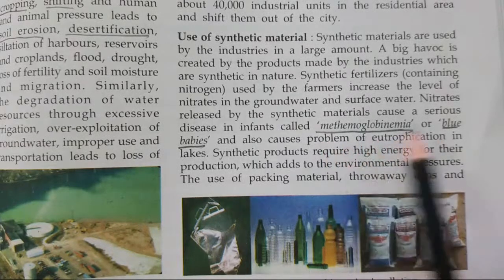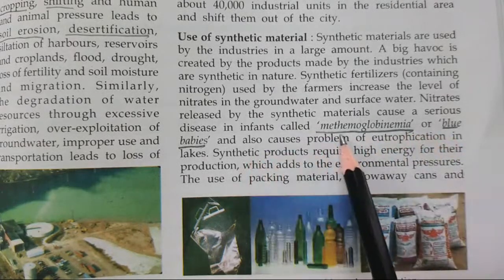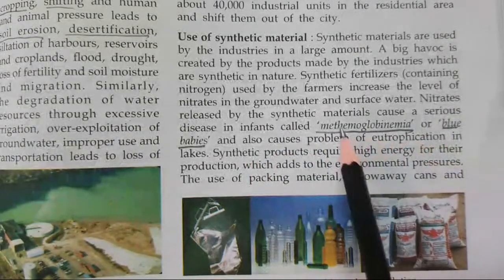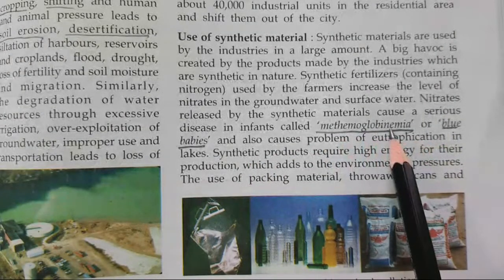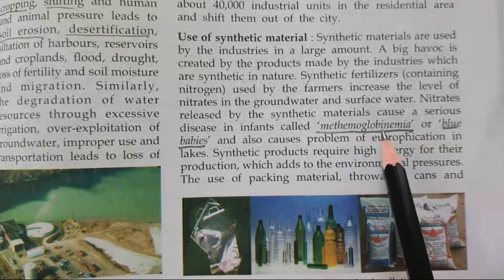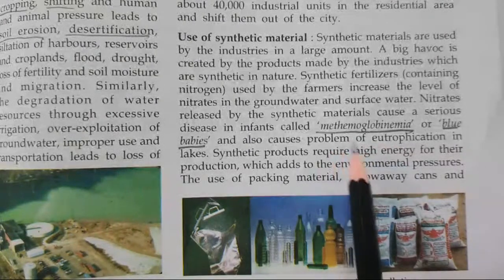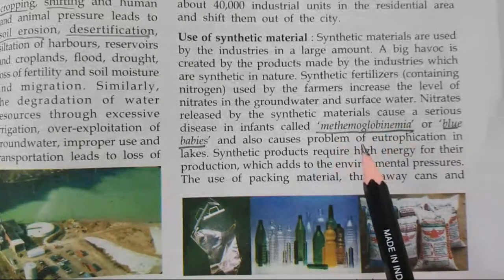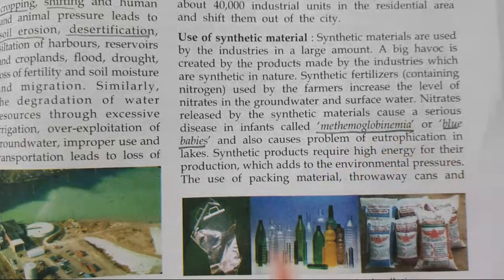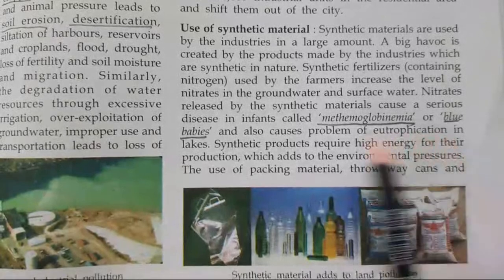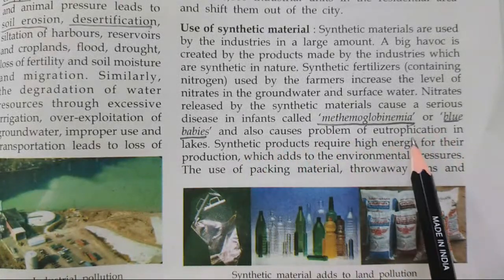In simple words, it is called blue babies. Methemoglobinemia is a mixture of globinemia, anemia. So there is less presence of iron in the body, because the body is not able to utilize the oxygen, and therefore children's body turns blue and most of them die. This is because of the synthetic chemicals, and also eutrophication.